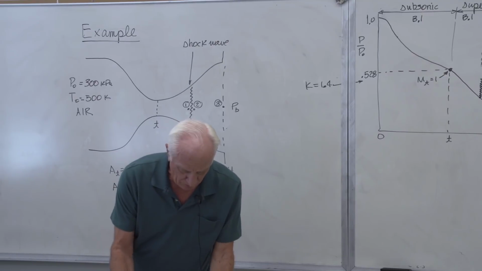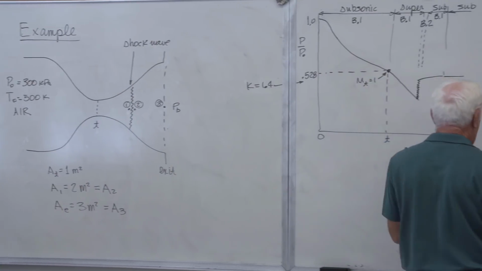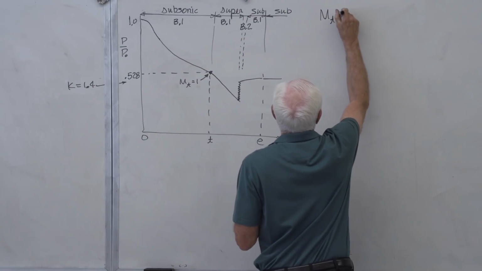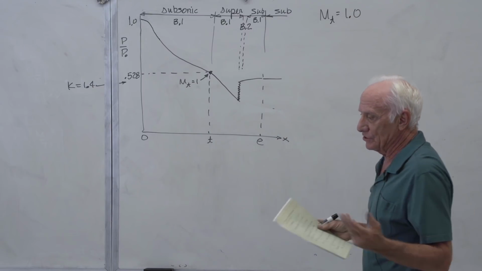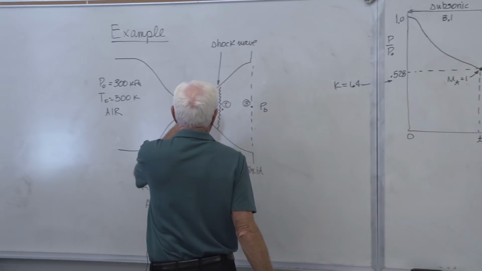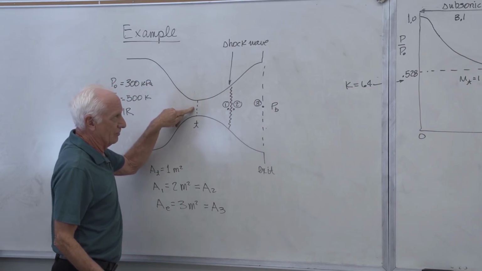All right, so we know that the Mach number at the throat is 1. Why do I know that? Anytime there's a shock wave in the diverging portion of the nozzle, there's going to be Mach 1 at the throat.